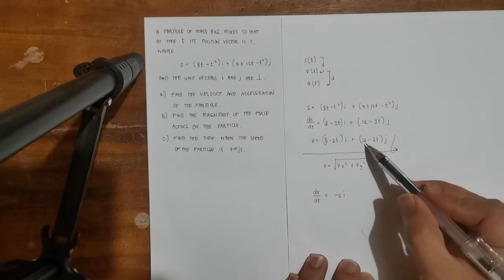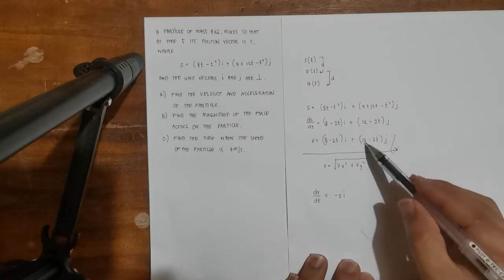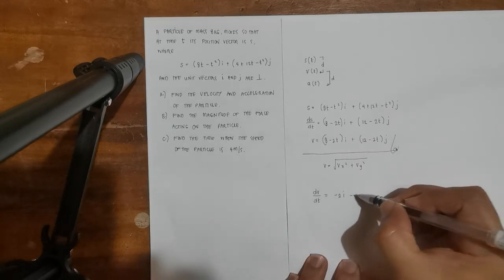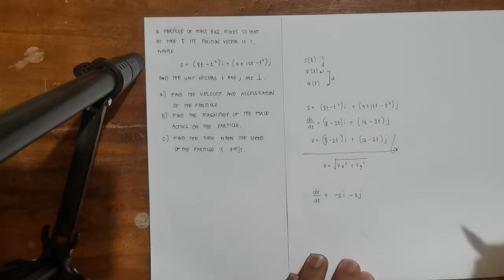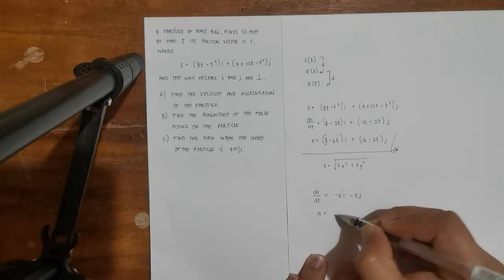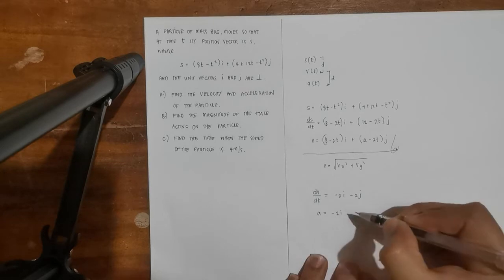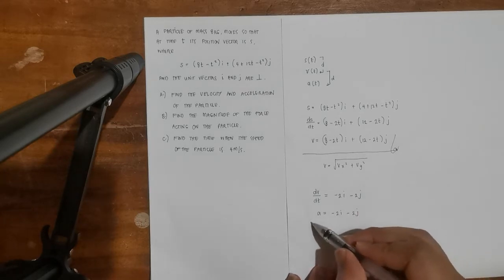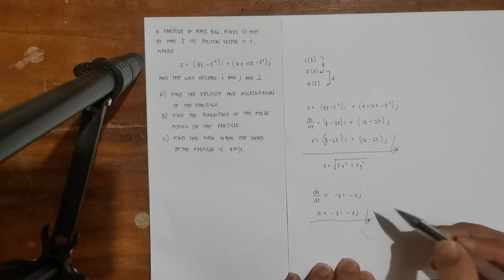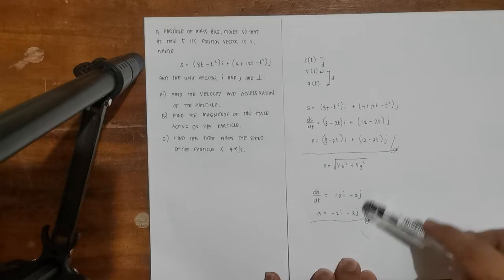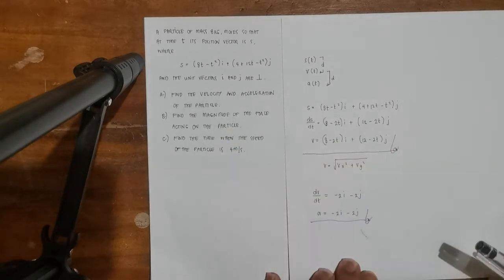And then plus derivative of 12 is 0, derivative of negative 2t is negative 2. So that is negative 2 of j. And dv over dt, that is also acceleration. So acceleration is negative 2i minus 2j. And that will be our acceleration in vector form. So these are the two requirements for letter A.